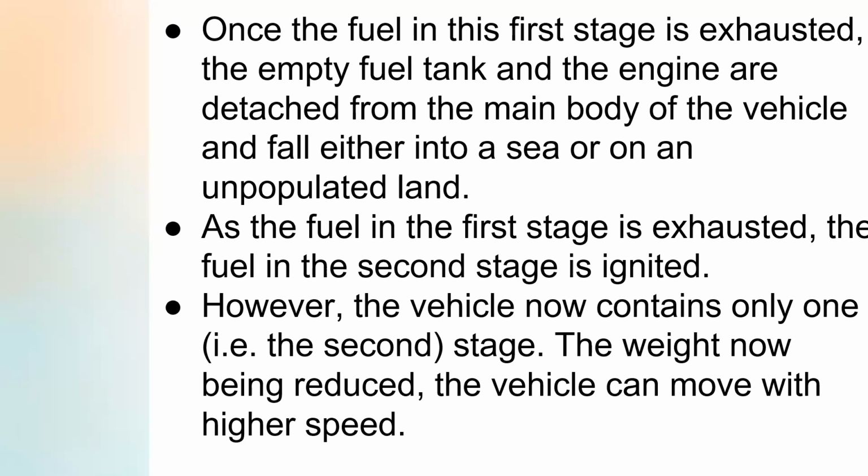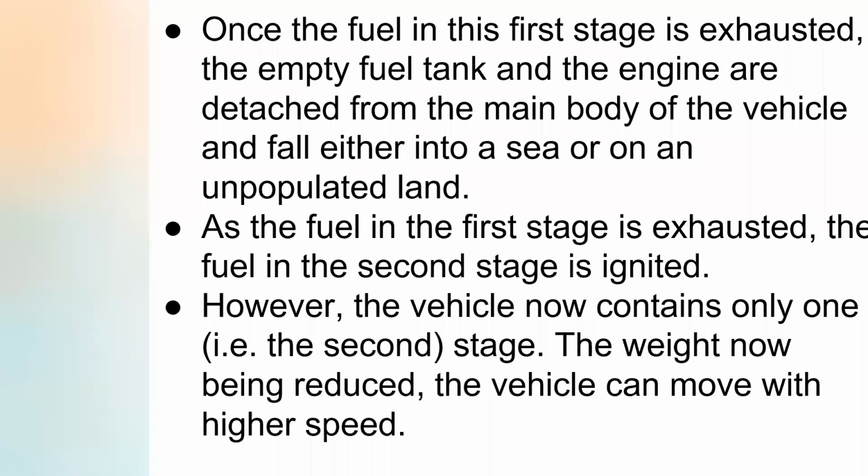As the fuel in the first stage is exhausted, the fuel in the second stage is ignited. Now, students, the fuel in the first stage is used to give the vehicle some specific velocity and to take that launcher vehicle to a certain height.